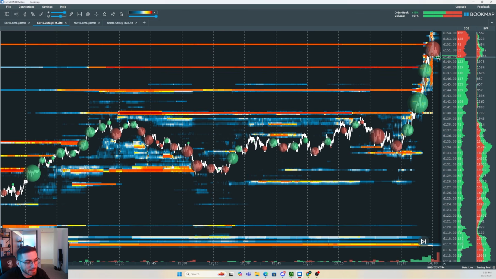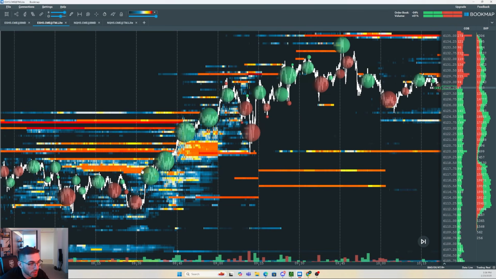Now we can start to gauge how many buyers or sellers are sitting with their passive orders at a certain level just by judging the color of the shading. So if we're looking right here, we can see that we have orange, red, and dark red. Well, if we look up here, that's further to the right on the color scale, which means there's a lot of passive buy orders sitting in this area. If we look up here, we can see that we have the red and dark red area, which means we have a lot of passive sell orders sitting at this 61.40 level.